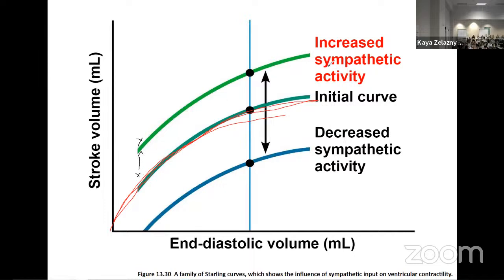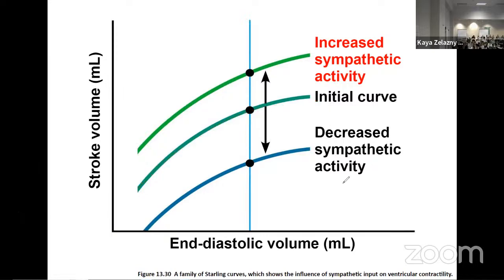That's why we have a whole curve here for the sympathetic activity: no matter the amount of end diastolic volume, if you also add on sympathetic activity, everything shifts up. So for every individual point, you would have greater stroke volume.